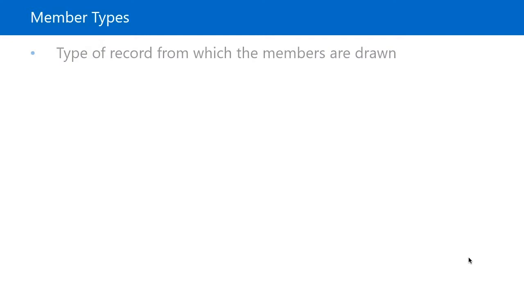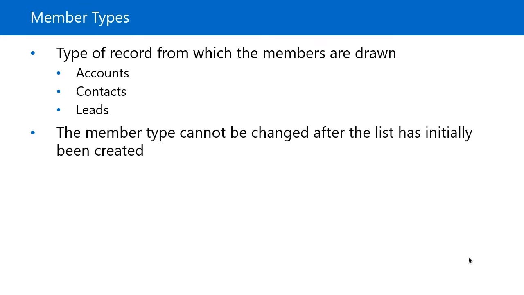As we mentioned previously, when creating marketing lists, you can only add the following 3 record types to a marketing list. They can be accounts, contacts, or leads. Once you've identified the member type on a marketing list, you cannot change that type after the marketing list has been created. In other words, when you're creating a marketing list, one of the key things you identify is which member type is going to be on that list.